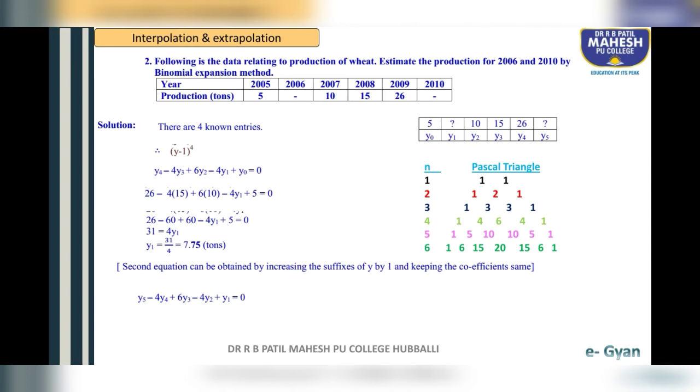Okay students, now substitute the values. y5 minus 4 into y4, which is 26, plus 6 into y3, which is 15, minus 4 into y2, which is 10, plus y1, which is 7.75, is equal to 0. So it becomes y5 minus 26 fours are 104, plus 15 sixes are 90, minus 4 tens are 40, plus 7.75.